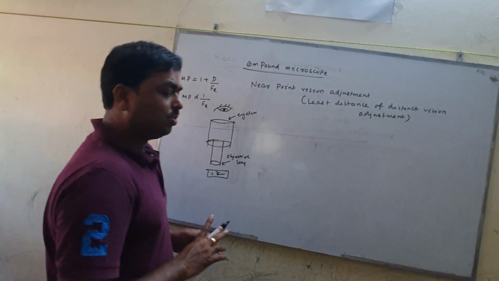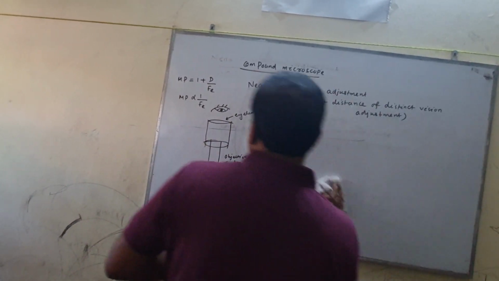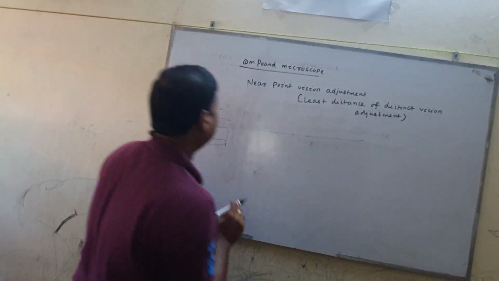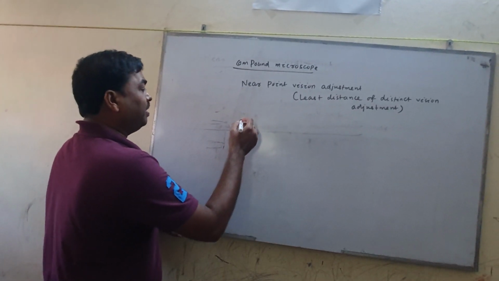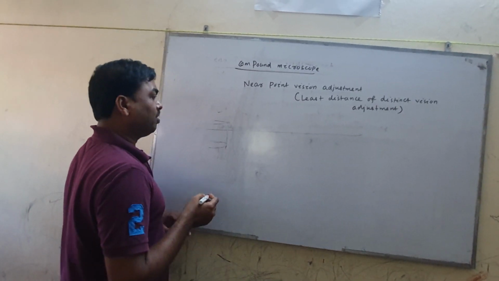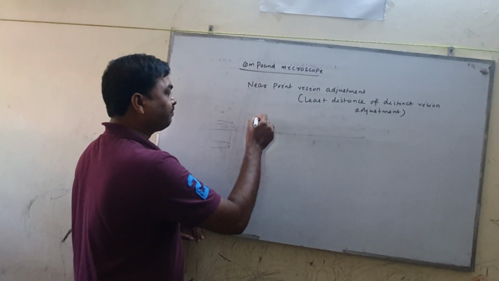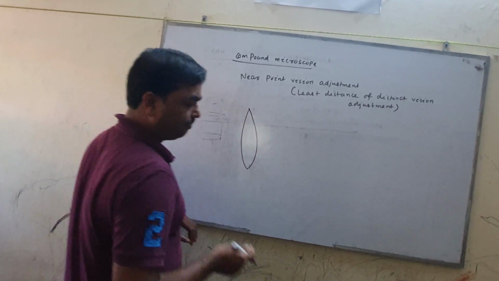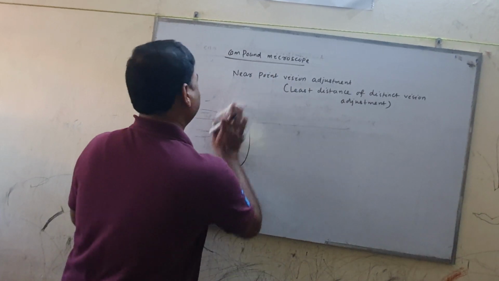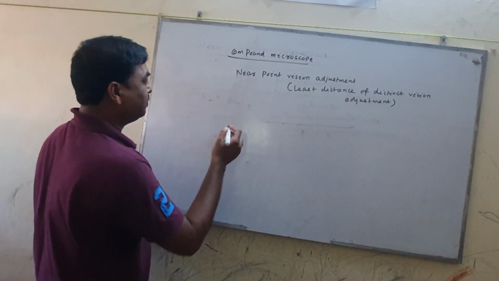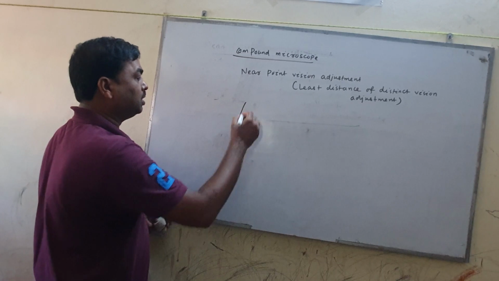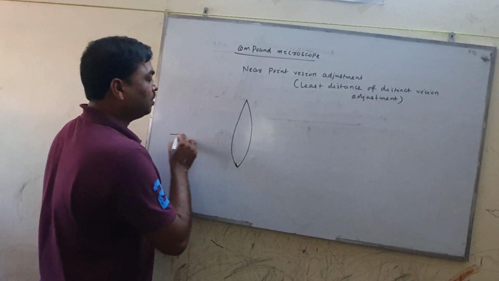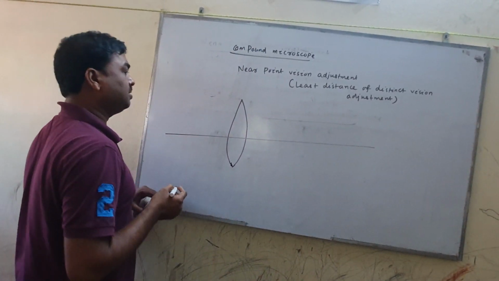Okay, so I want to show you the diagram details. The objective lens has relatively short aperture and short focal length compared to the eye lens. This is an objective lens. Principal axis.